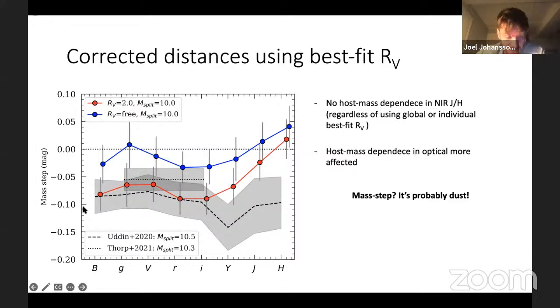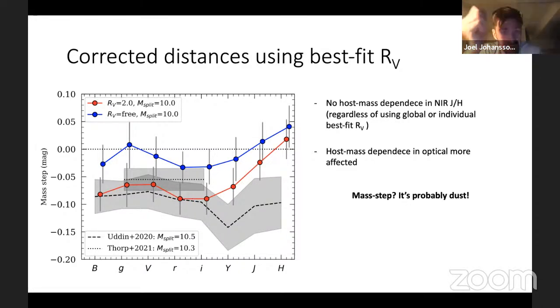This is what we also see, but if you look at the red points as a function of wavelength, regardless of what kind of dust correction you do, they look standard. I mean, you don't have this mass step in the infrared, like let's say J and H band, whereas you do see the mass step if you're correcting all supernovae with the same RV.